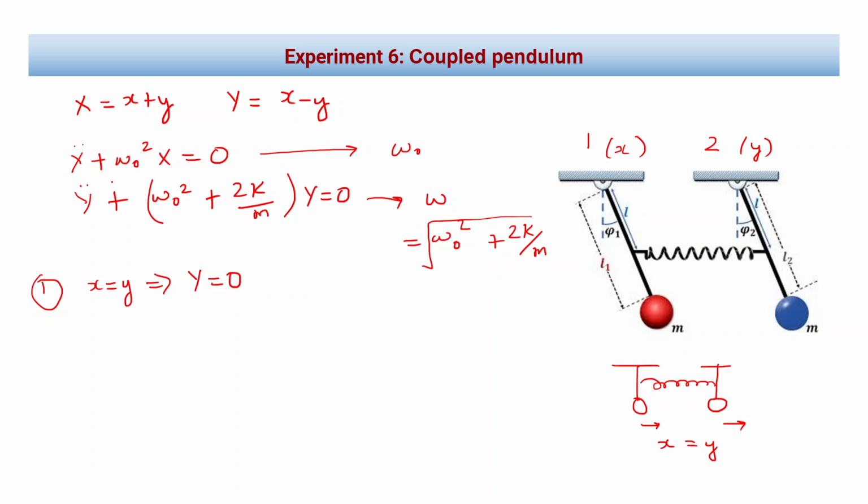When Y is 0, this equation is 0, and only the other equation will be left. What does that mean? In this particular situation, only one simple pendulum mode will be executing simple harmonic motion at a particular time, and this is called the in phase mode.